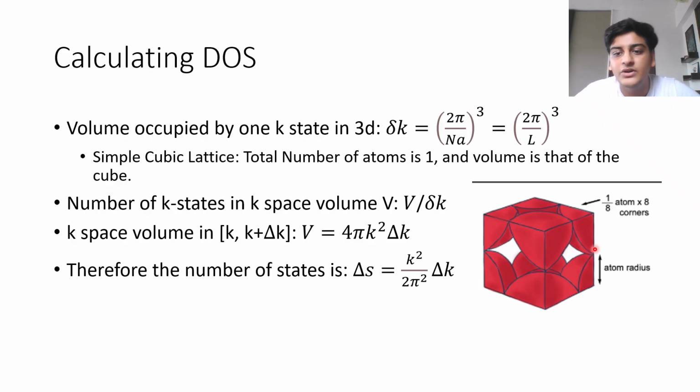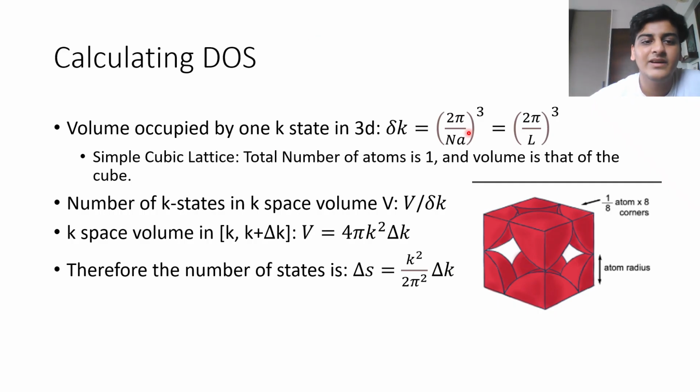So net you have one sphere inside this cube, which means you have one K state inside this cube, which means the volume of this cube is exactly that which is occupied by one K state, because inside this you have exactly one K state. So this is how we are justifying that the volume occupied by one K state is this 2 pi by L whole cube.